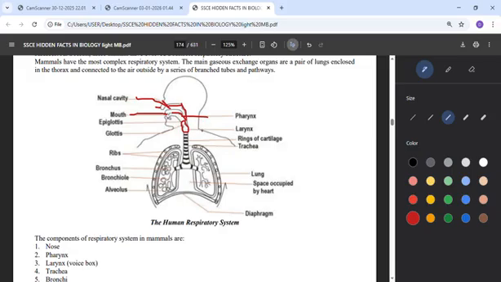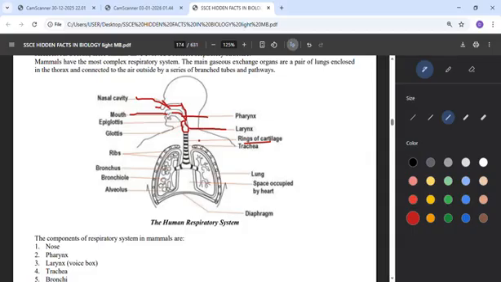Then another part we have here is the larynx. The larynx is also very small, and we can also call it the voice box that gives us our voice. Then we have rings of cartilage. All these rings of cartilage are part of the trachea.